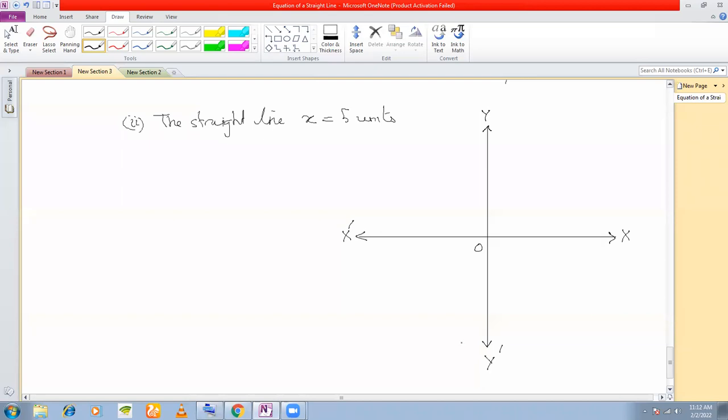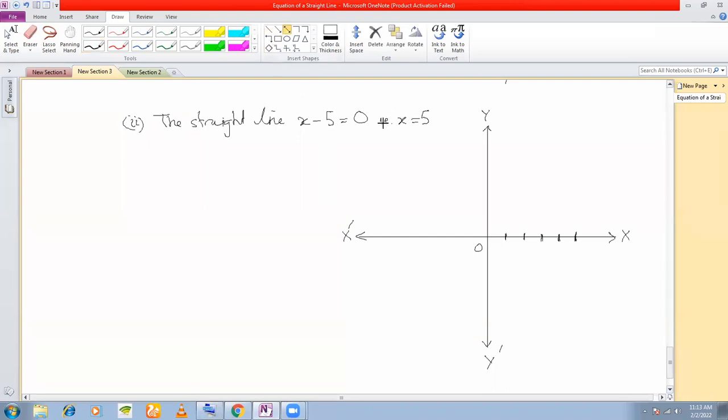Because it is of the form x is equal to a, it will be parallel to the y-axis. And in what direction? You see a plus 5 here, x is equal to plus 5. Now, remember this equation could also have been given to you in this form, x minus 5 is equal to 0, right? Then what would we have done? We write this as x is equal to 5, and then we can draw. Because it is equal to plus 5, you take 5 units in the positive direction of x.